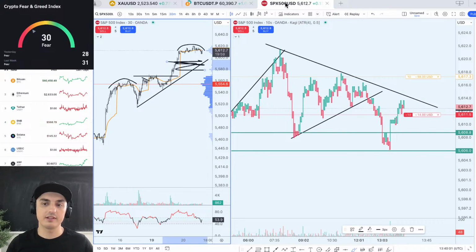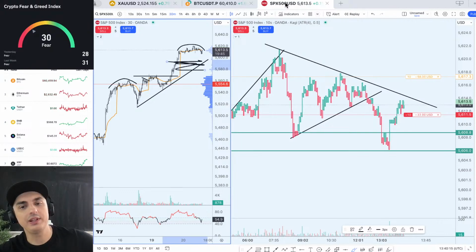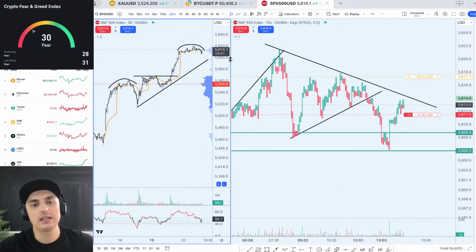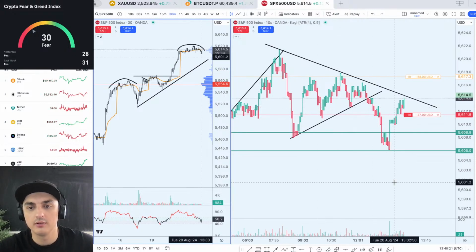On the stock market, there is a little bit of battle going on, and some stocks are trending upwards, taking some kind of control over the market and over the indices as well. And sometimes we get this kind of price action.